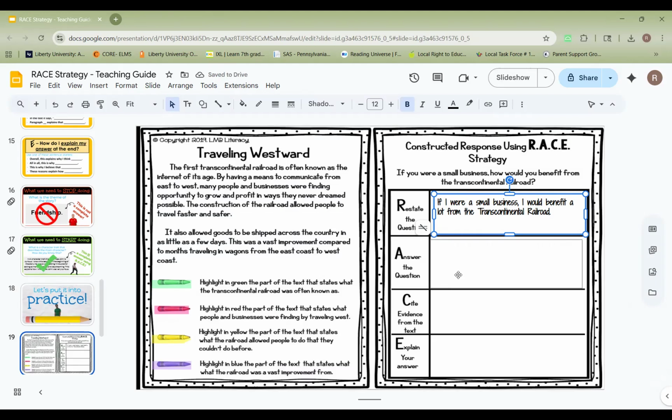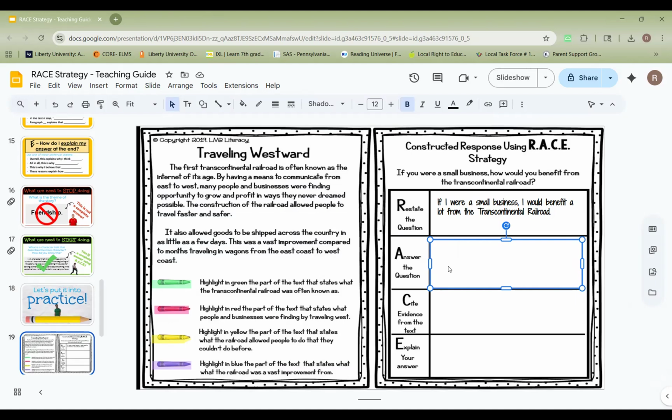So how do I know that I would benefit a lot? Well, I'd be able to talk to people. I'd be able to communicate, talk to people, and I'd be able to send my goods really quickly.